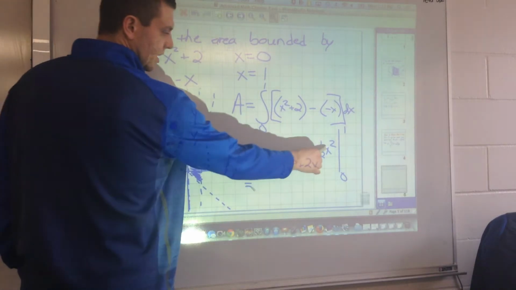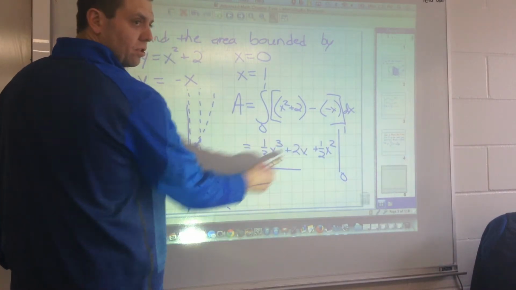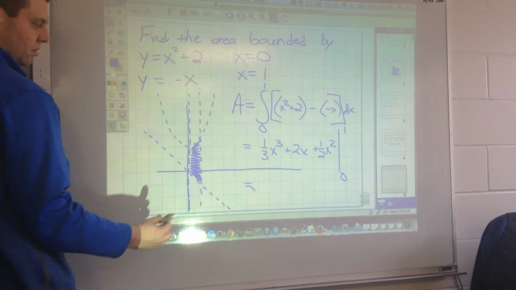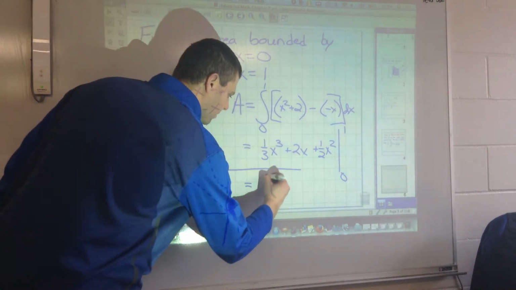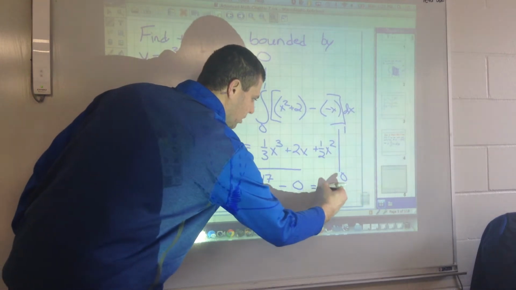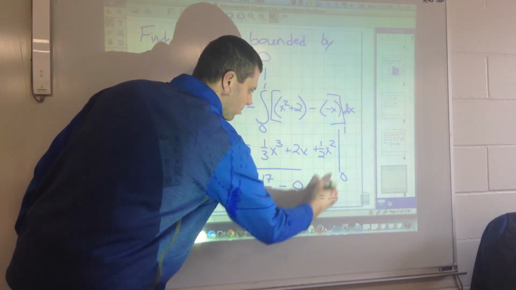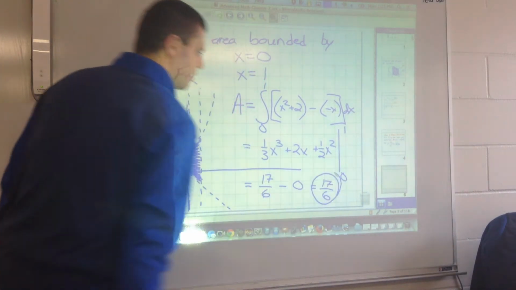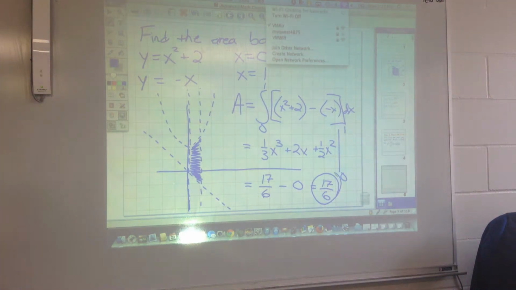Well, this is 2/6, and that's 3/6, so that makes 5/6, and there's 2, so 2 and 5/6. Never mind, we're good. 17/6 minus 0, which will be 17/6. So the area between those two curves is 17 over 6, 2.83 repeating, I believe.